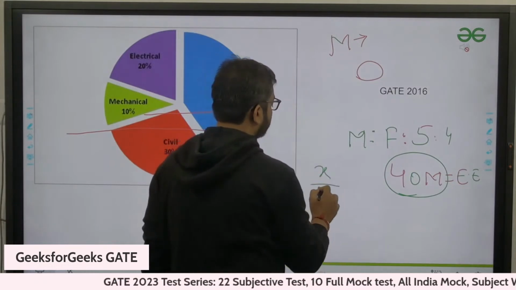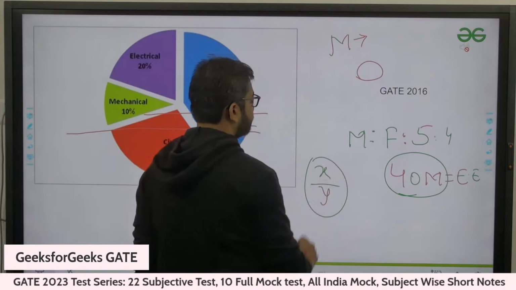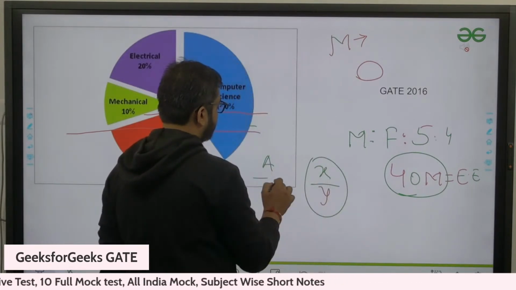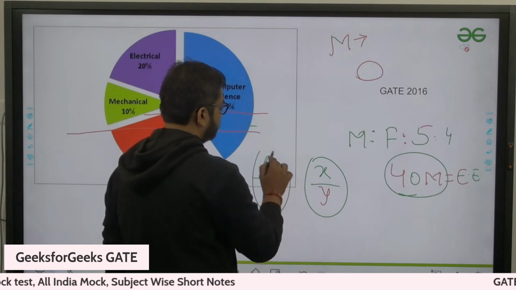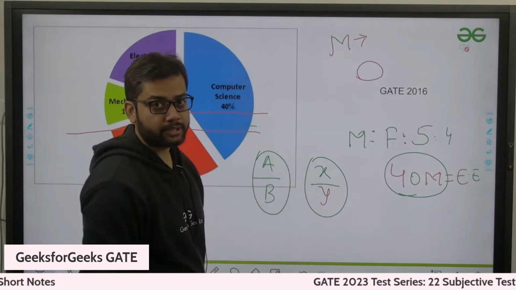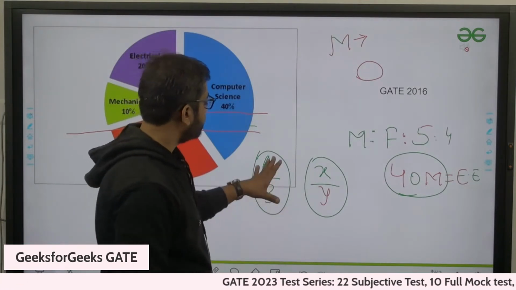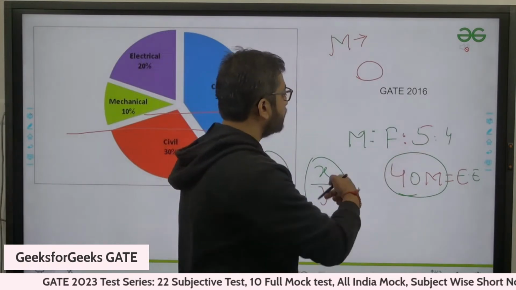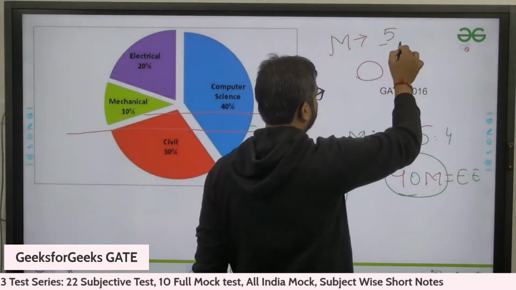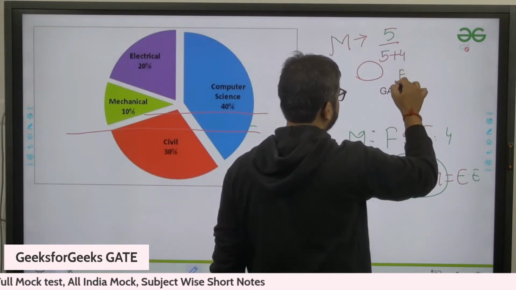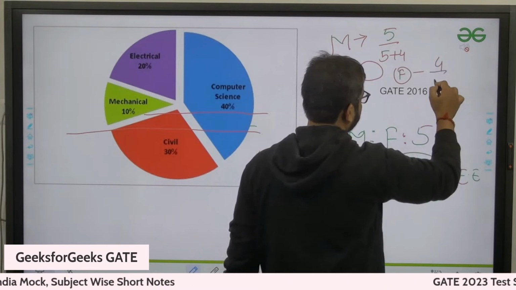If something is given as x to y, suppose for a and b the ratio is x to y, this is written as 5:4. So the number of males will be 5 upon 5 plus 4, and the number of females is equal to 4 upon 5 plus 4.